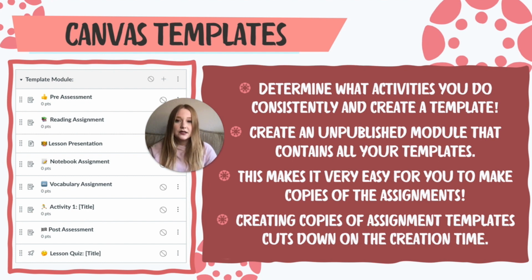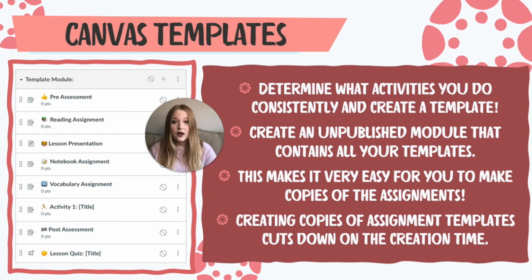So what I do is I will create a template module, and this module is unpublished, so that way the students don't see it. It's really empty and it has generic directions on how to complete the assignment, and then all I have to do is make copies. And this is great because this is just very easy and quick for me to create assignments sometimes on the fly.